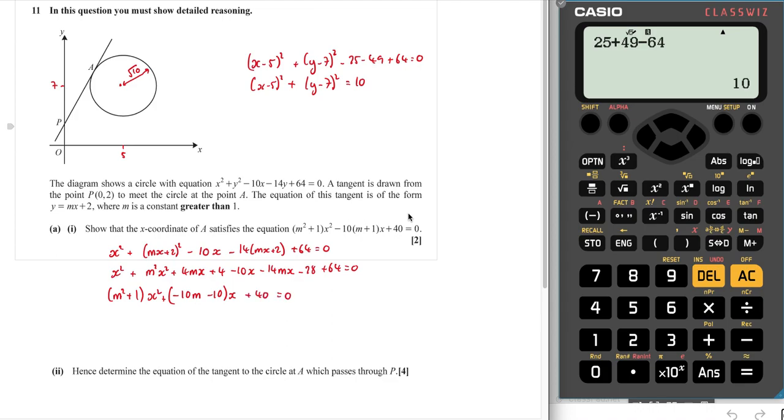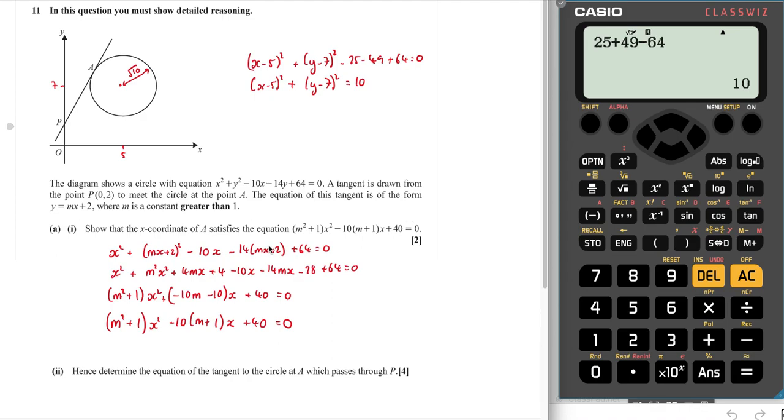So then just a little bit of tidying up to get it in the form that they want. They want me to take a factor of minus 10 out of there, so I'm going to get m plus 1 x plus 40.